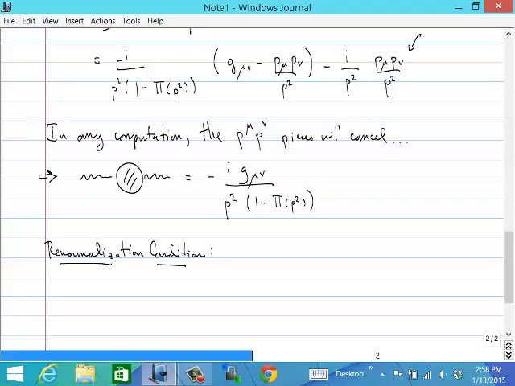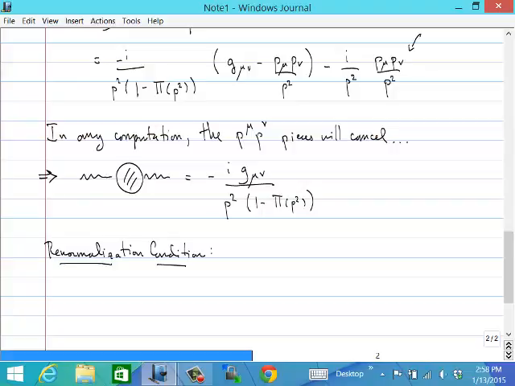So, in particular, let's think for a second about how we would physically interpret the answer for the propagator in the limit where p squared goes to 0. For a photon in free electrodynamics, the propagator has a pole as p squared goes to 0 with residue 1.